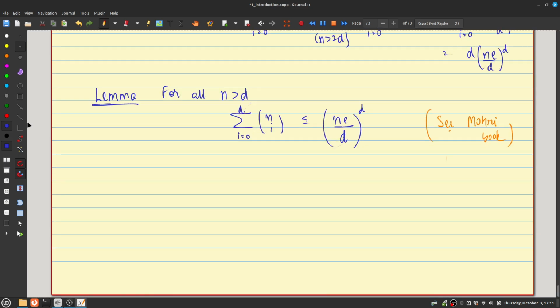Okay, so now if I combine this lemma along with our previous bound on the growth function, what do I get?